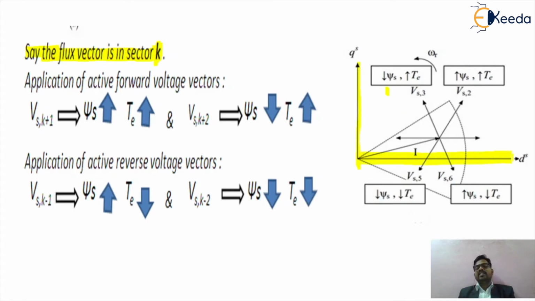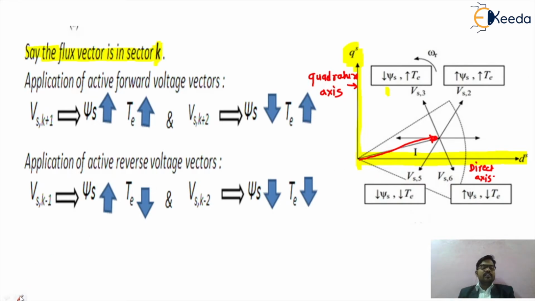As we know, this will be the direct axis component and this will be the quadrature axis component. I can write again for your understanding, this will be the quadrature axis, and this will be the direct axis. By means of that, we are getting the reference values of your current. This will be the reference value of your current, I can show here.